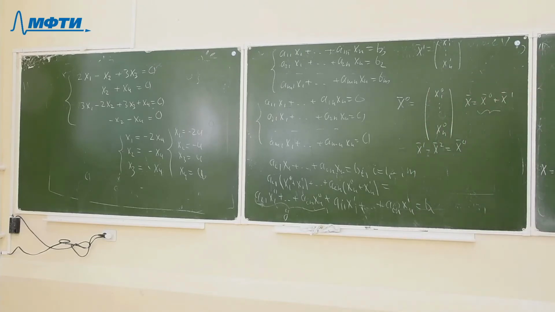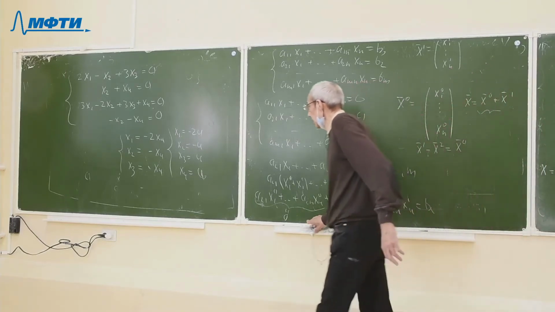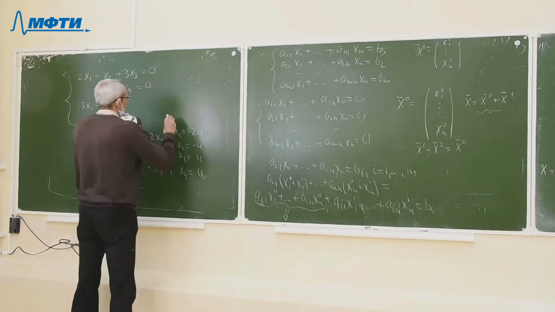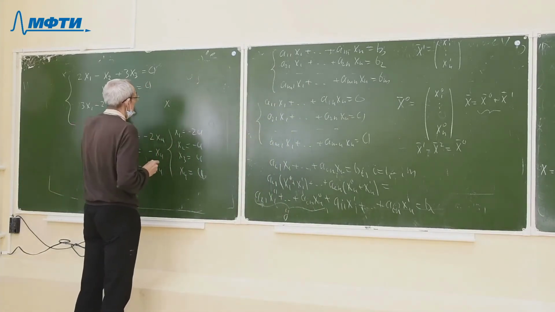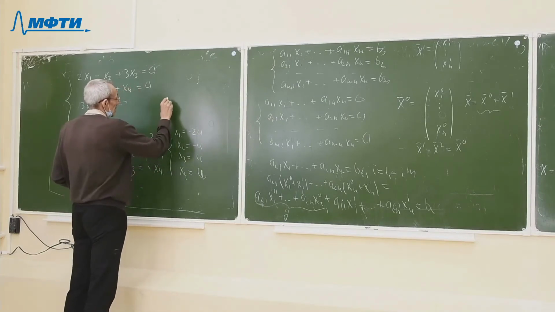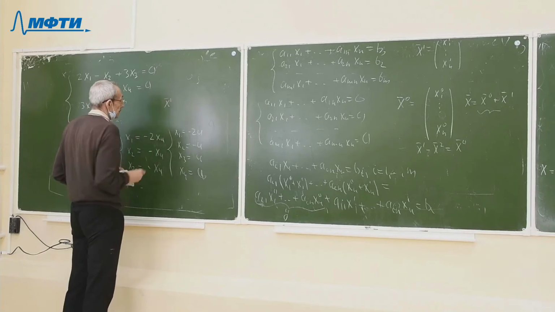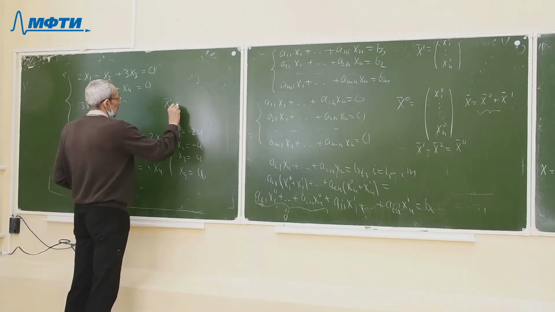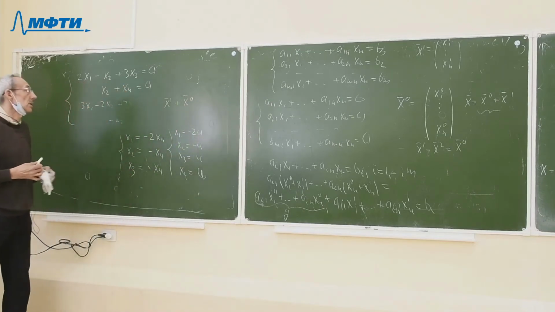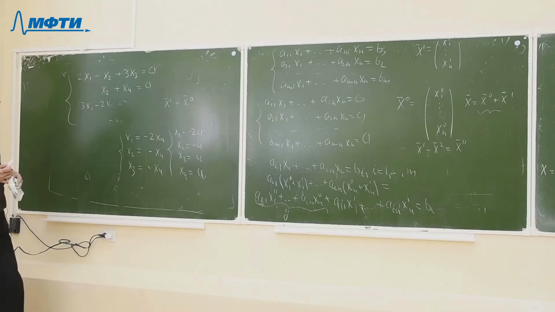So from this fact it follows that any solution of a non-homogeneous linear system can be presented as some distinguished solution of the non-homogeneous linear system plus some solution of the homogeneous linear system.